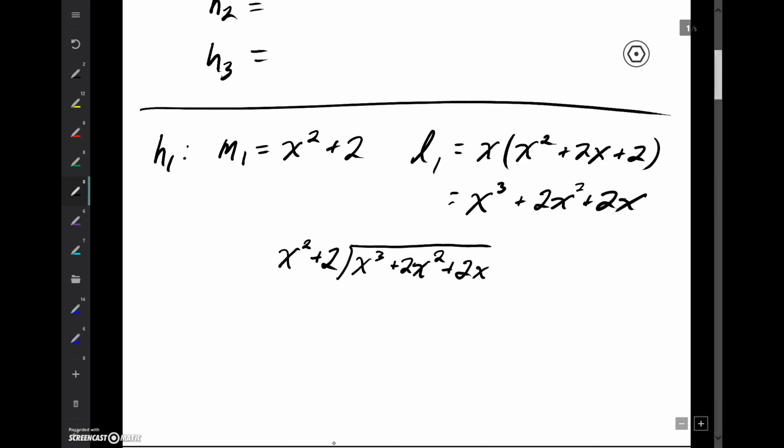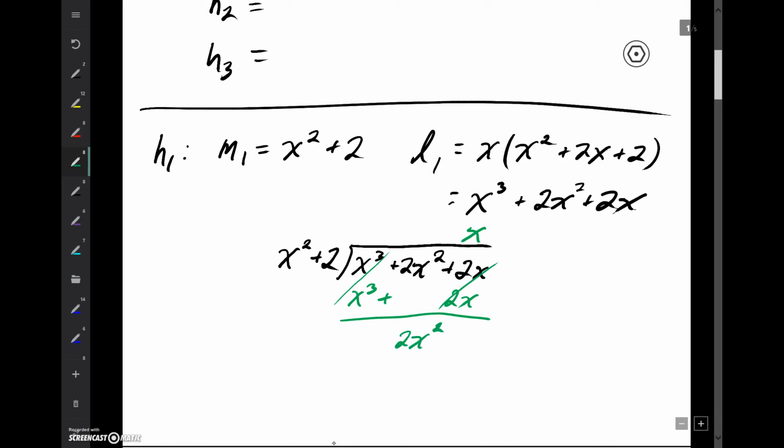So long division: what times x squared is going to give us x cubed? That's x. Multiply it out, x cubed plus 2x. Subtract, that goes away, this goes away, this gives us 2x squared.